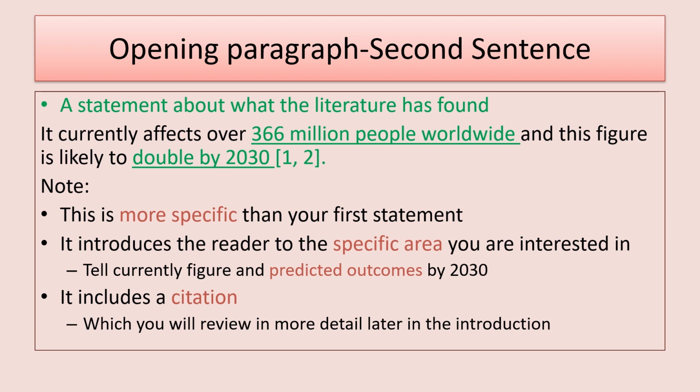The second sentence of the opening paragraph, a statement about what the literature has found. It currently affects over 366 million people worldwide, and this figure is likely to double by 2030. The note is this is more specific than your first statement.